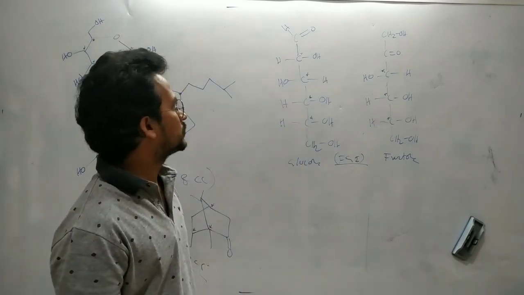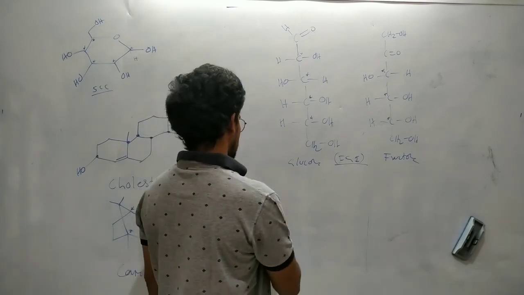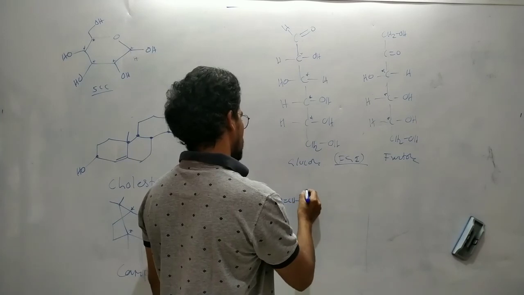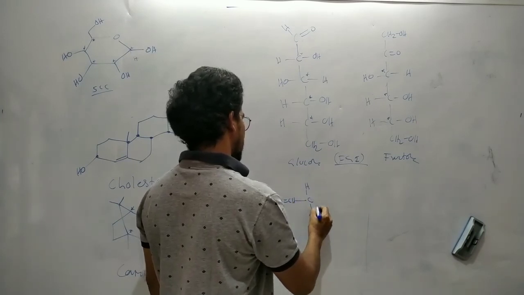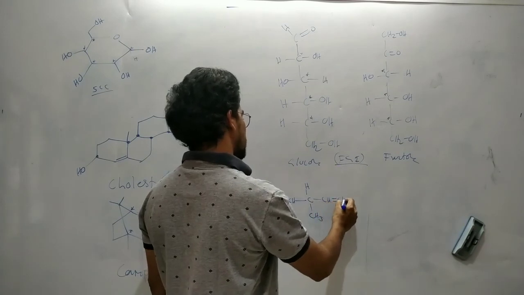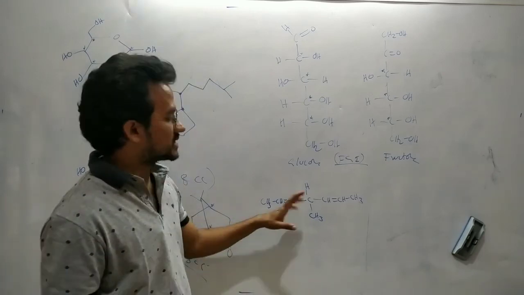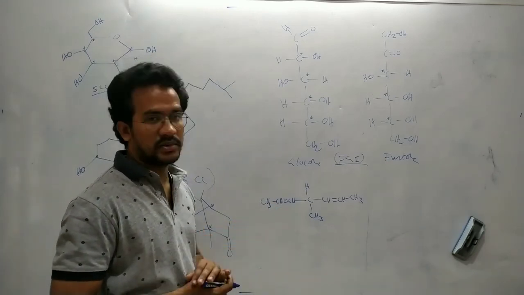And next, finally I want to discuss one example. Here CH3, CH double bond CH, this carbon, and for suppose I am writing methyl and CH double bond CH and CH3. So is this carbon a chiral carbon or not?